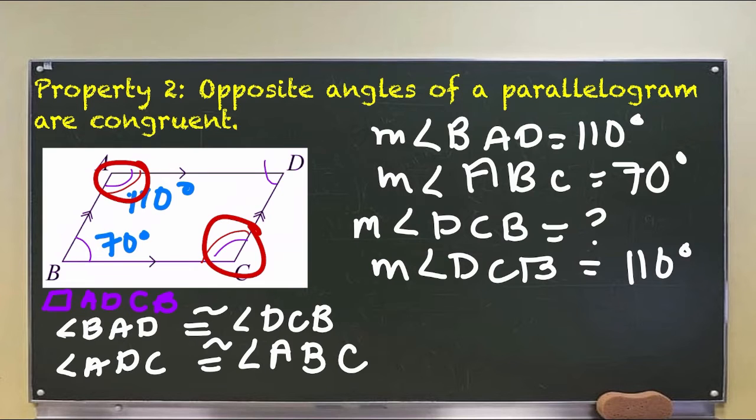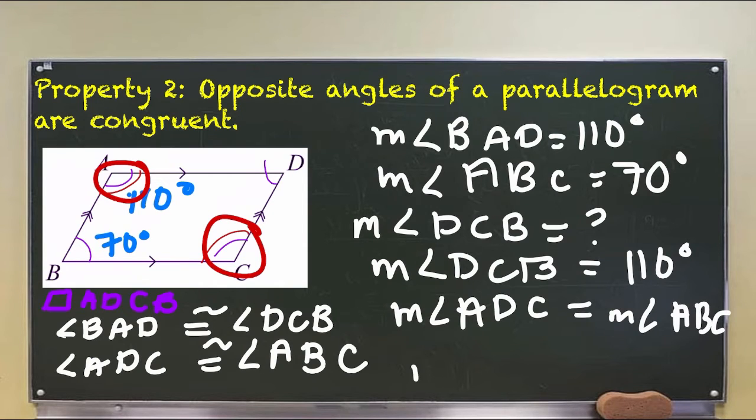Alright. So, similarly, we can solve for angle ADC. M angle ADC is equal to M angle ABC. Therefore, M angle ADC is, yes, that is 70 degrees. That is property 2. Opposite angles of a parallelogram are congruent.